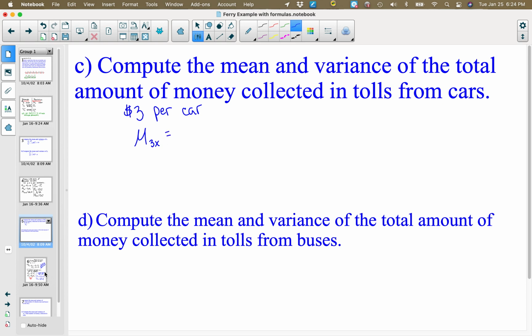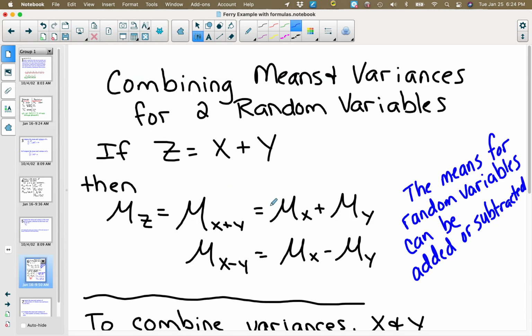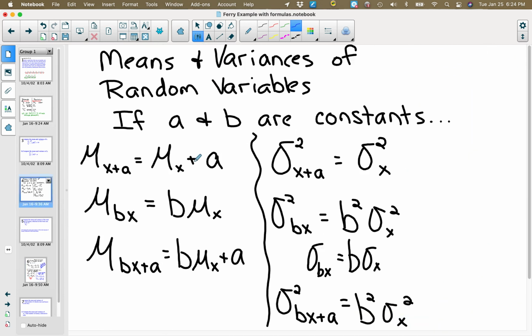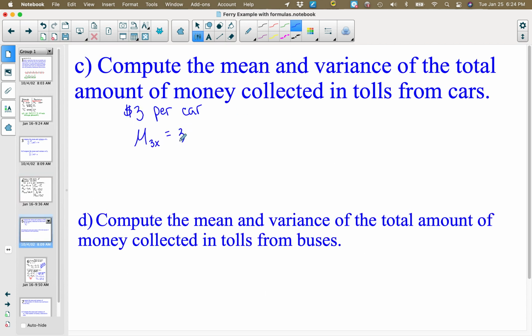Well, the formula says mu sub 3x would be 3 times mu sub x. So that's how we use the formula. So we have 3 times 2.8, and we get $8.40.